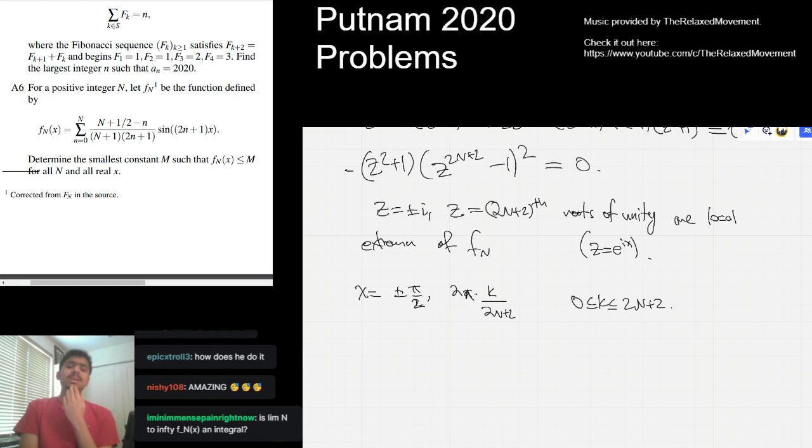What? So even after we computed the derivative, roots, we found the local extremums, yet somehow this problem is still impossible.